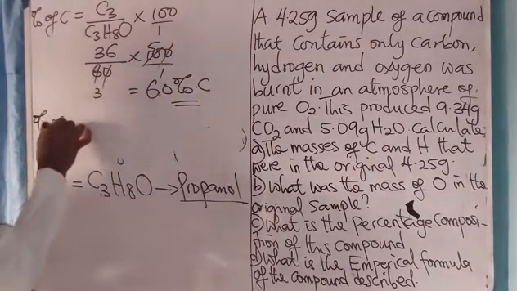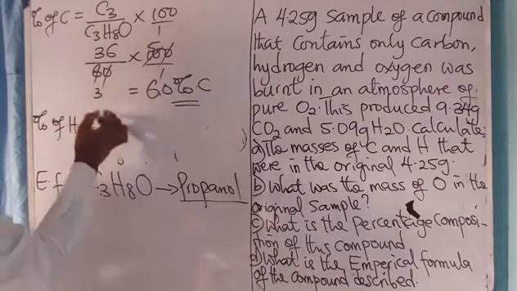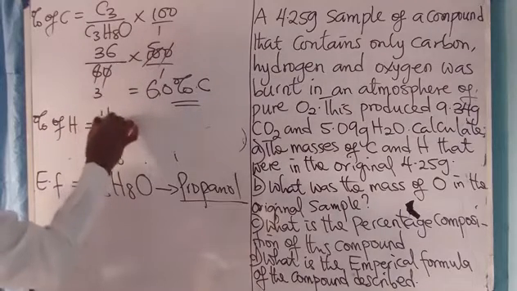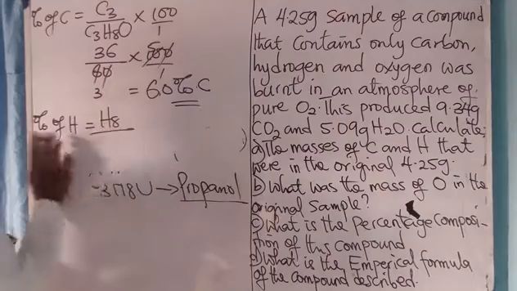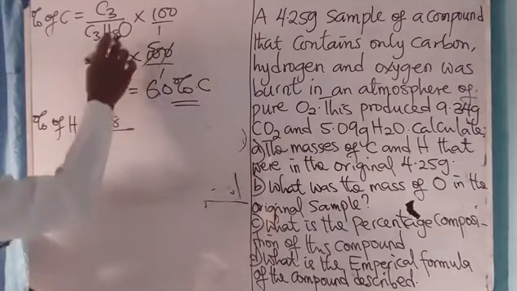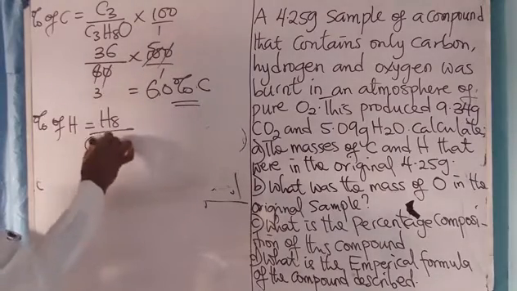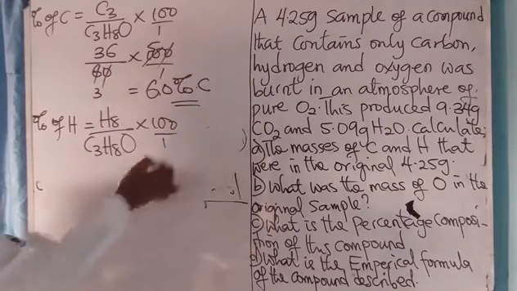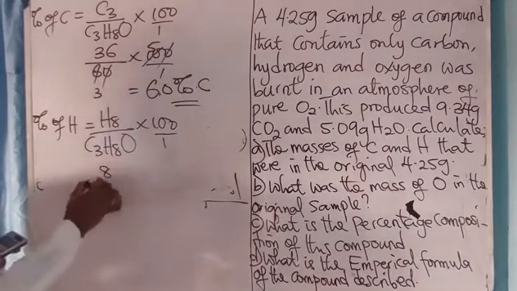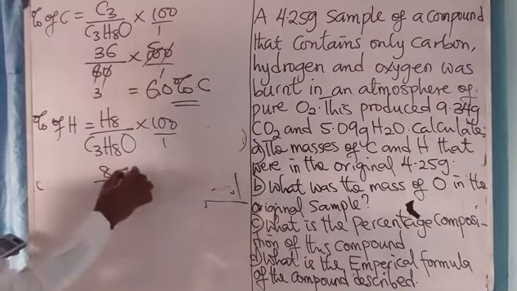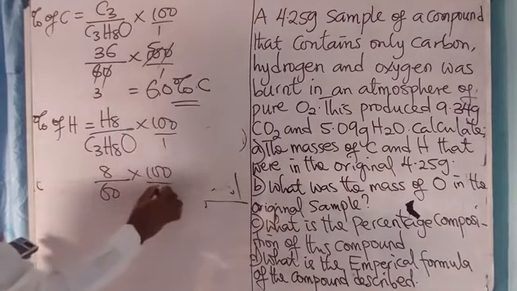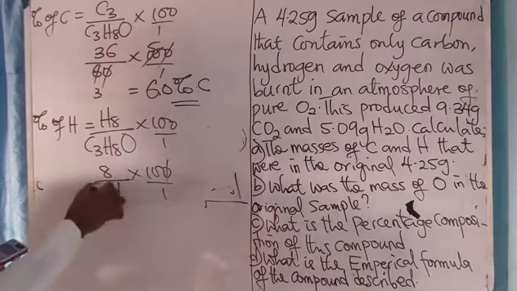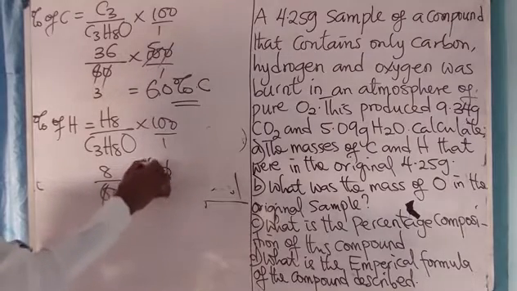So the next one is percentage of hydrogen. Hydrogen is H8 over C3H8O times 100 over 1. So you say 8 over 60 times 100 over 1. This will go into this, 3, 5.